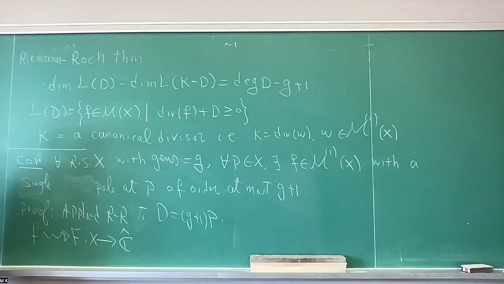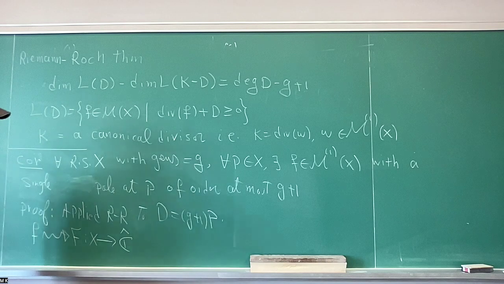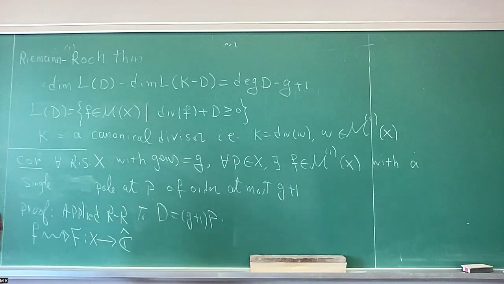So now this map is a ramified covering with at most G sheets, right? Did I prove at most G or G plus 1? What was the statement I proved in the last lecture? It was G plus 1. Yeah, it's G plus 1. So the example I will give you will show that very clearly.